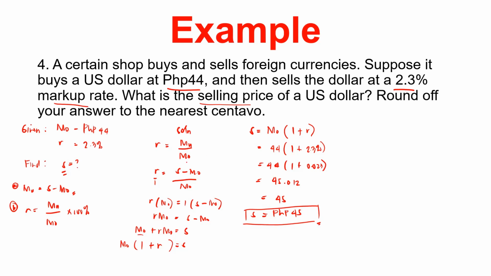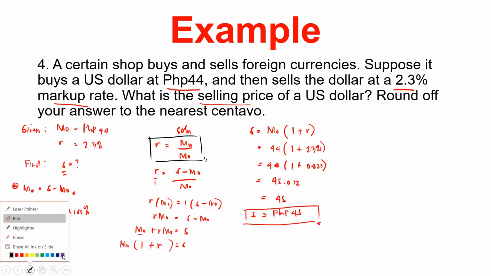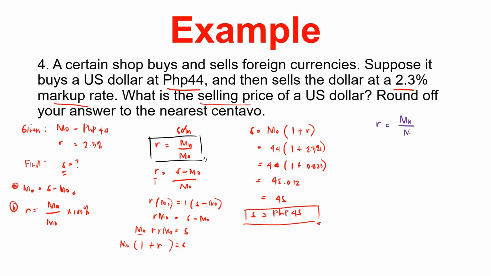Okay, now balik tayo dito. Para lang ma-prove natin to, class, ma-prove natin na they are proportion to each other. Okay, so we have the rate is equal to markup all over cost price. Our rate is 2.3%. Our markup, which is selling price minus cost price, our selling price is 45.